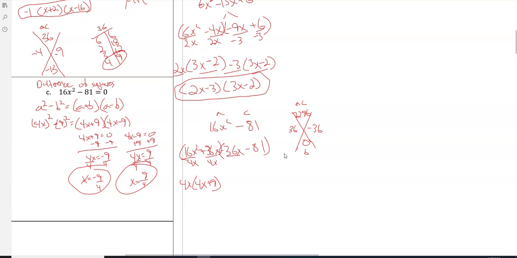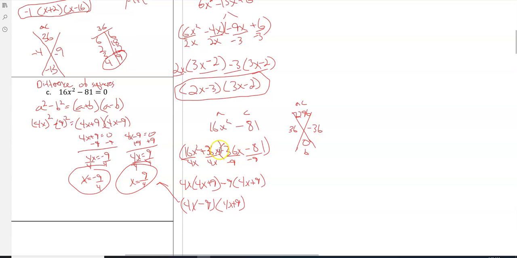They both divide by 9. And I'm going to make it negative 9, because that way I'll get negative 36 over negative 9 is positive 4. So it's going to be minus 9, and it'd be positive 4x. Negative 81 over negative 9 is positive 9. And so my two answers are 4x minus 9, 4x plus 9. And see, you got the same thing as up here.